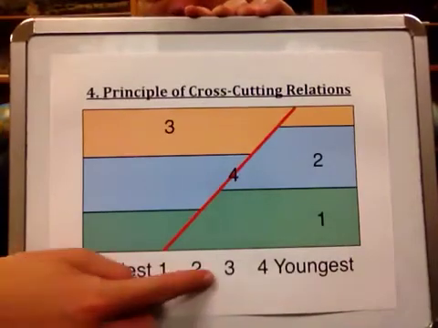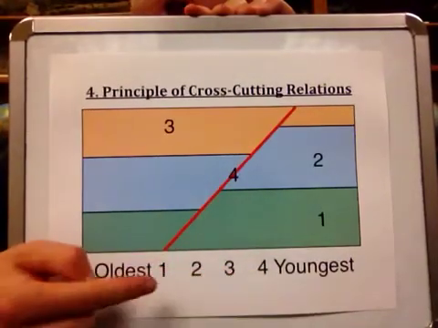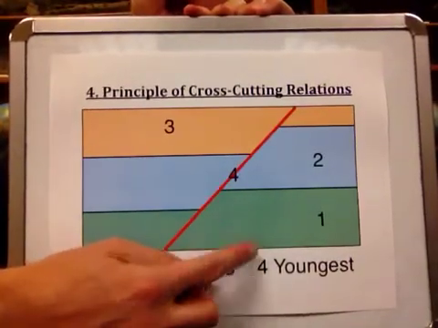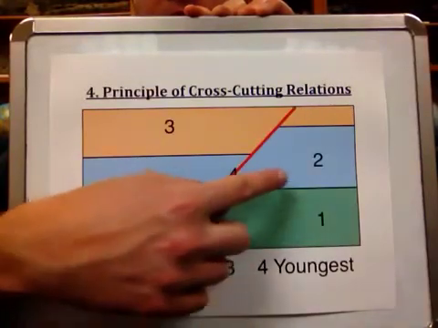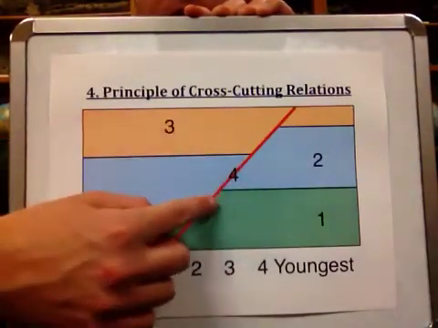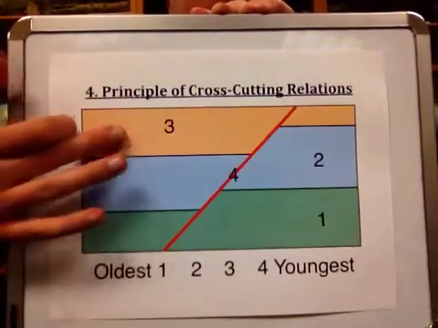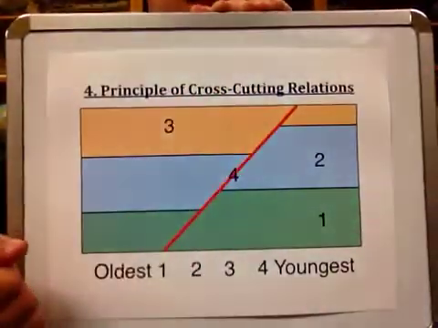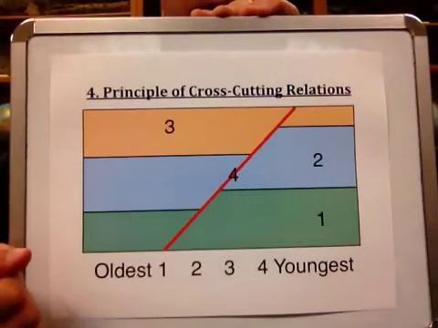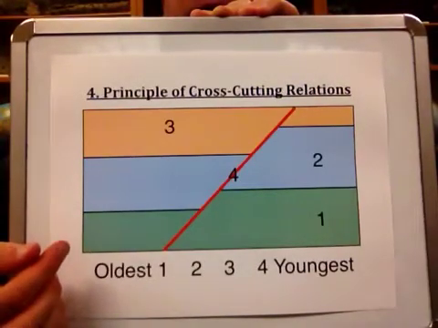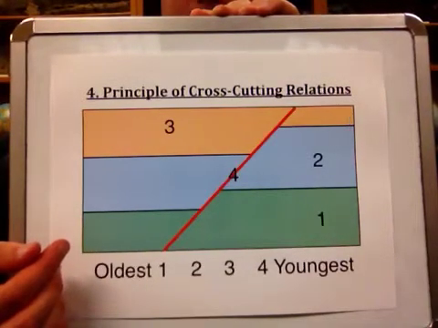This time we have numbers on the figure, 1 being the oldest, which is the rock on the bottom, 2 being the next oldest, then 3, then 4 is the youngest. Each of these rocks had to be deposited, and then the fault comes in to cut and displace them. So think of it kind of with an analogy of scissors and paper.